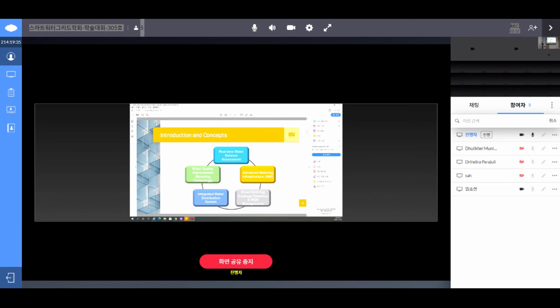We have 5 main modules under the smart water grid umbrella: a real-time water balance assessment module, advanced metering infrastructure, smart metering, which can be leakage detection and WDS management, integrated water distribution system, and water quality improvement.